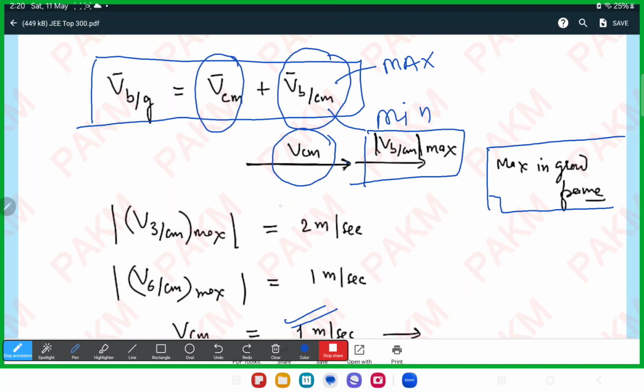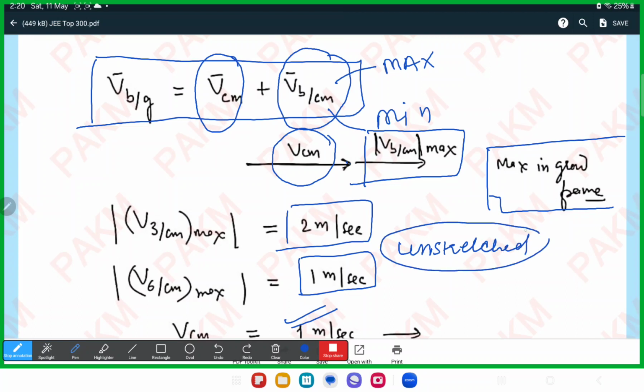So for the max value, I told you, these are the two velocities when it was unstretched. Unstretched means mean position. Mean position means max value. So max value we have seen, 2 and 1. Once we add the center of mass velocity, we will get the maximum value with respect to the ground frame.